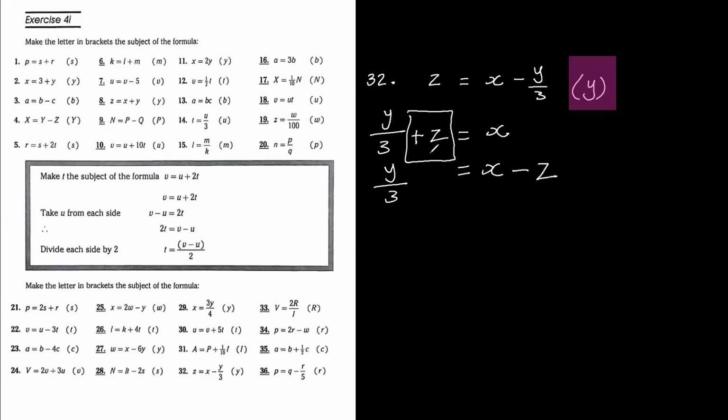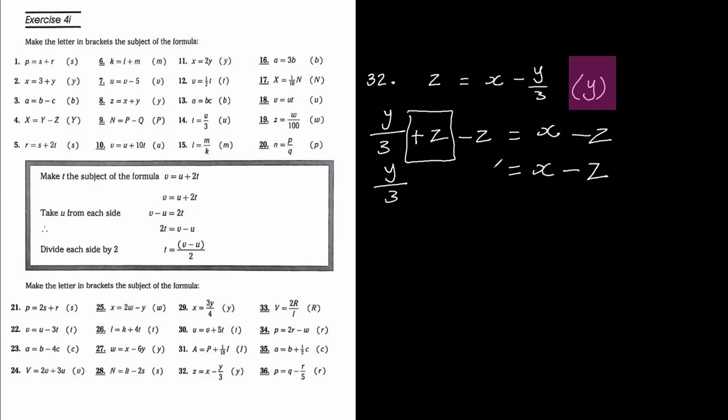So to get rid of this z, actually, I usually don't do this, but I'm going to do it today. To get rid of that z, I have to minus z. So just minus z on both sides.